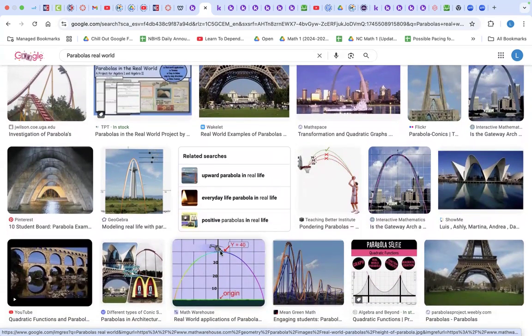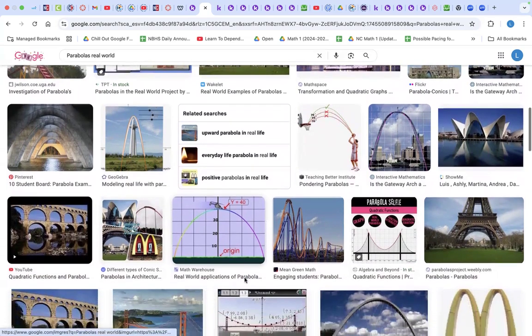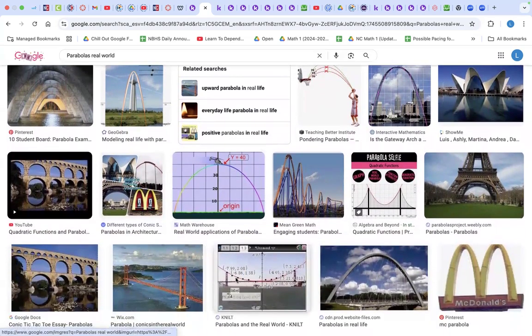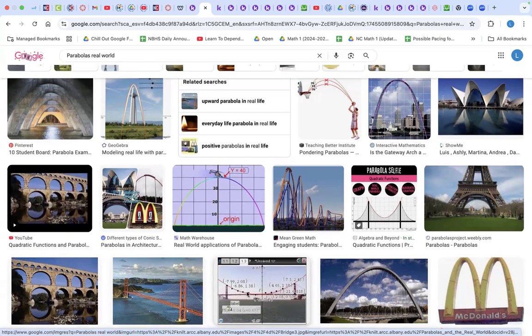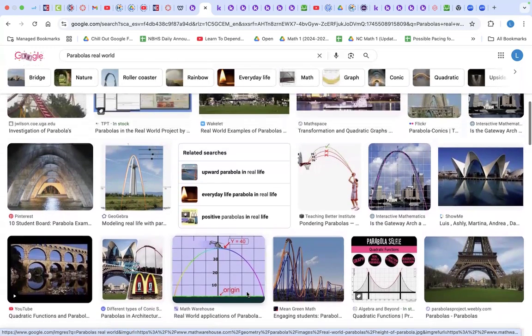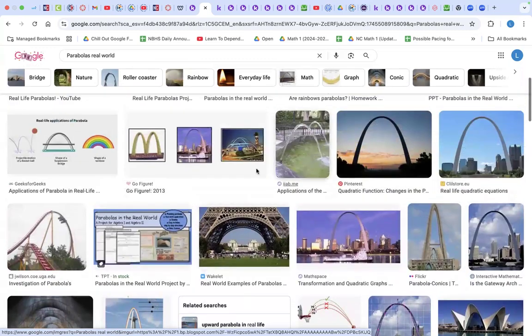Dropping something from the sky, parabola. So once again, all of the equations we're going to talk about today, or the parts of a parabola, went into building some of these.